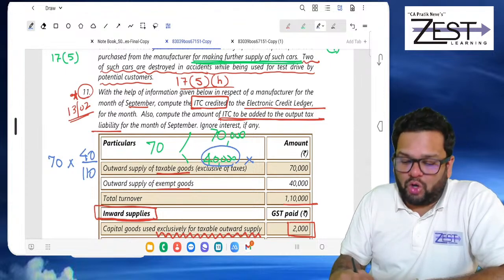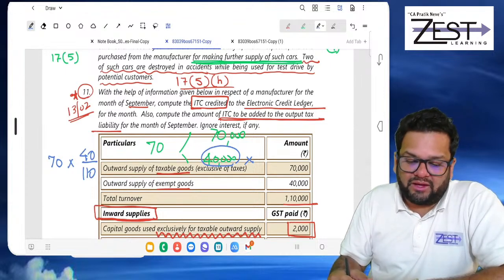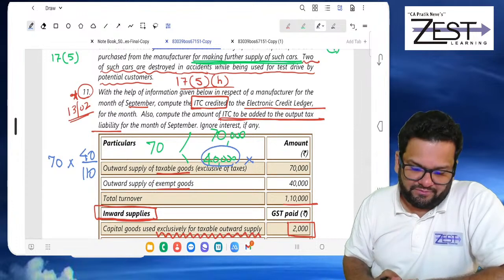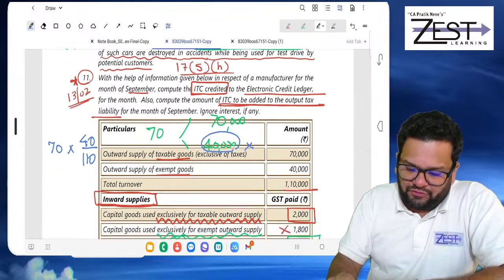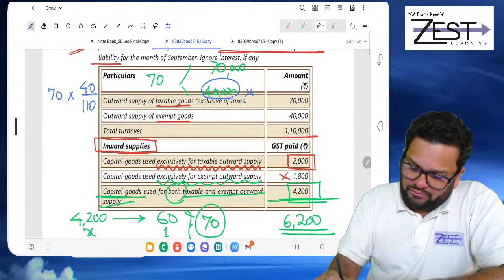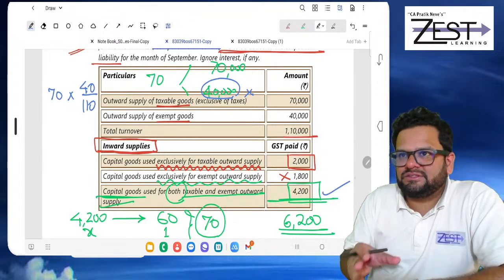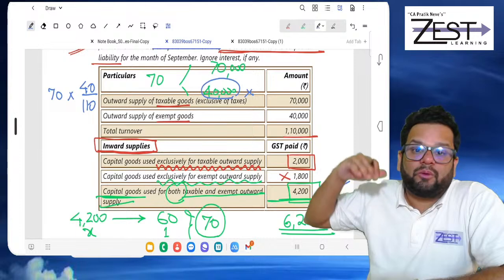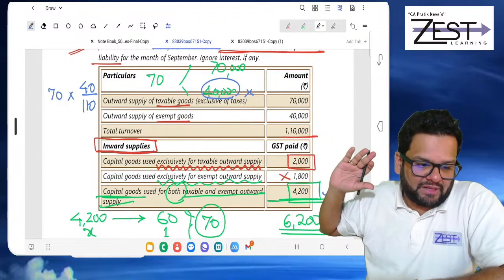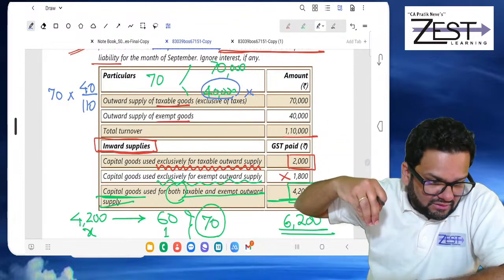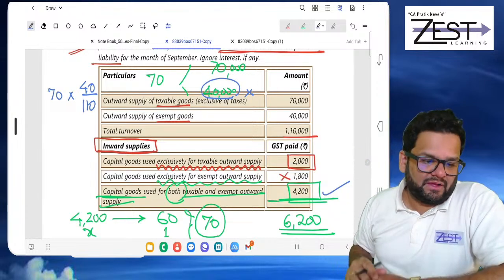It may seem an odd figure, but I hope you understood the logic. We first take the entire amount of ITC on CG, which is used for both exempt as well as taxable supply, in the e-credit ledger.